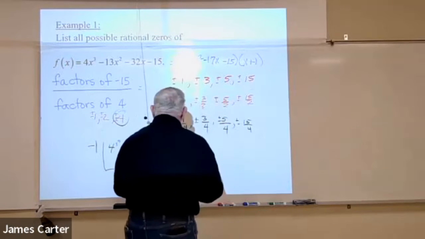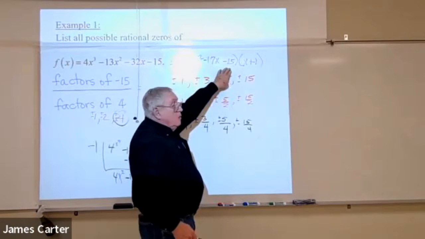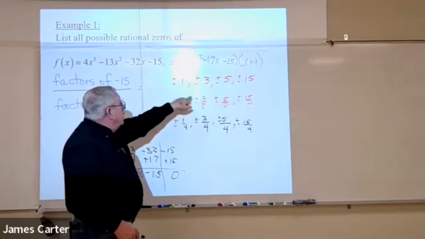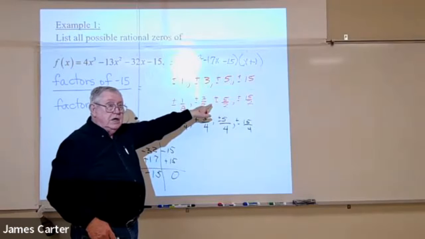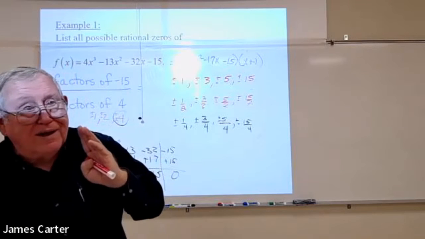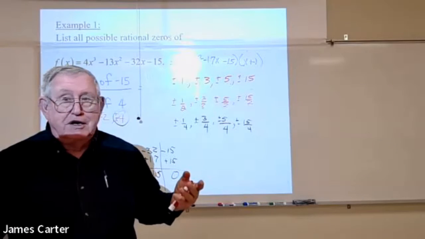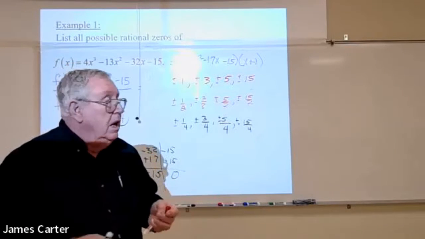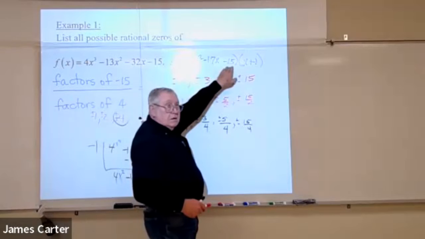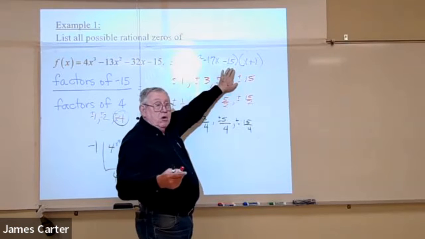Now then, where do we go from here? Well, this one, we can either try to factor it, we can try the synthetic division with another guess in here, okay? Or we can use the quadratic formula, which will give us the answer for sure, instead of by guess and by golly. I might try 15 into this thing, and it might be right or it might be wrong.